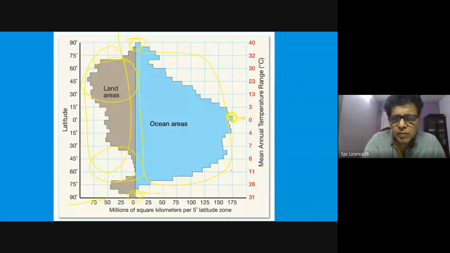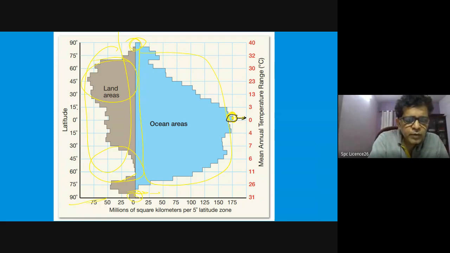If this is 0 to 15, then this possibly could be 7. So around 2 degrees, 3 degrees north. Similarly, around 50 degrees south also, you have the maximum amount of water as such.